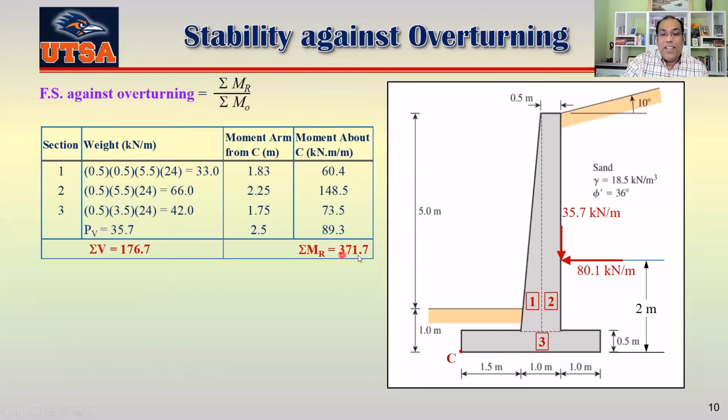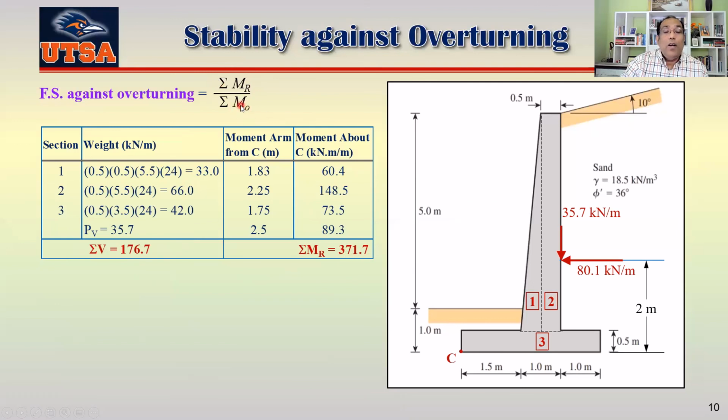So this is 371.7. That's what is trying to resist the overturning. Also try to remember this one because we are going to use it for sliding, which is the summation of vertical force, 176.7. But we are not going to use that right now. So we already know this one is 371.7.